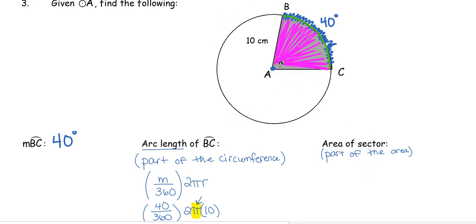I just want part of the area, and the area is pi r squared. The arc here is 40 degrees. I want 40 of the 360. That's how much is shaded of the area of my circle.